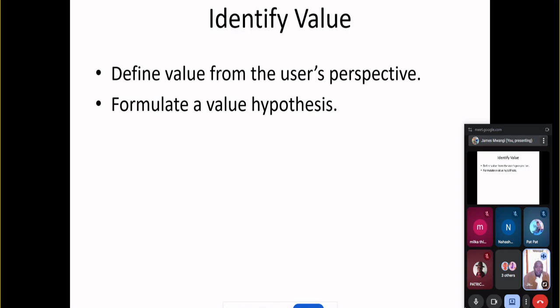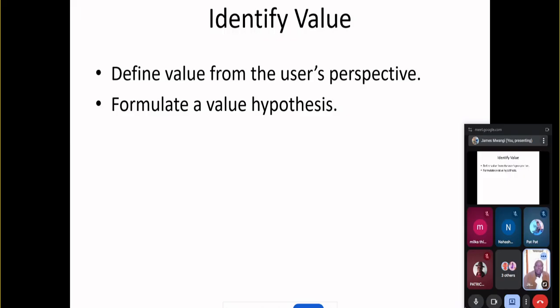This personal computer, first of all, is portable. Second, it can be used easily by the user. Number three, it was cost effective. You can easily buy it. So you are defining value from the user's perspective. Is it expensive? Is it usable? Is it portable?